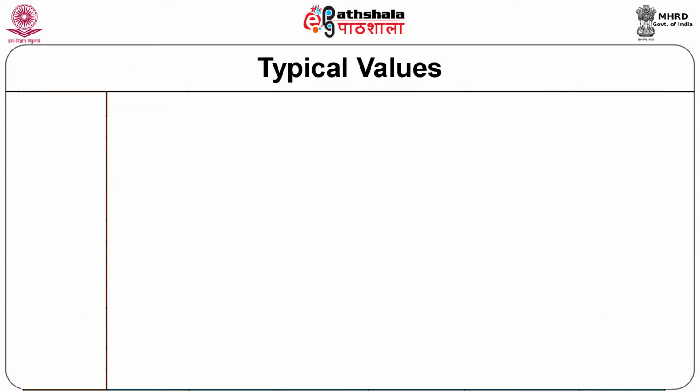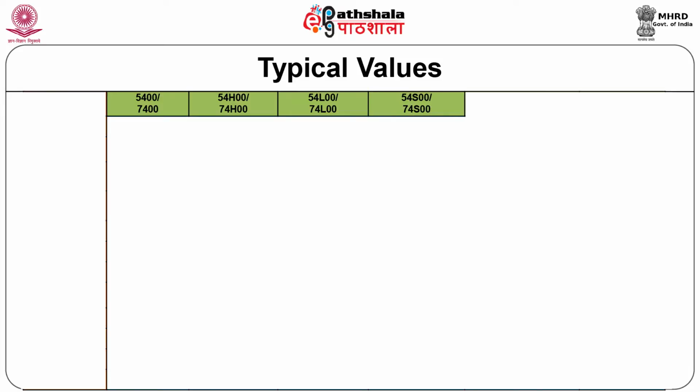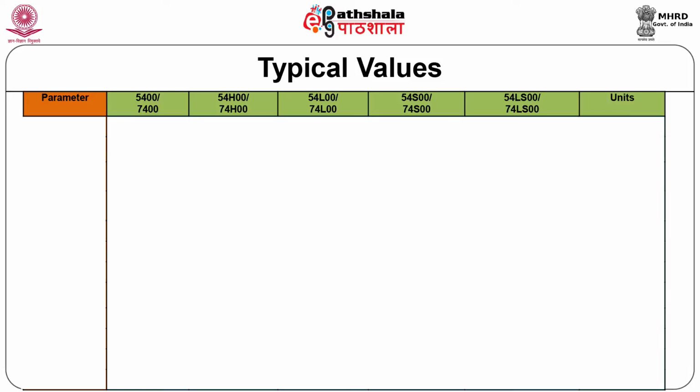This slide shows typical values of different parameters associated with logic family for 5400 or 7400 series, 54H00 or 74H00, 54L00, 74L00, 54S00, 74S00, 54LS00, 74LS00, and their units are also given.